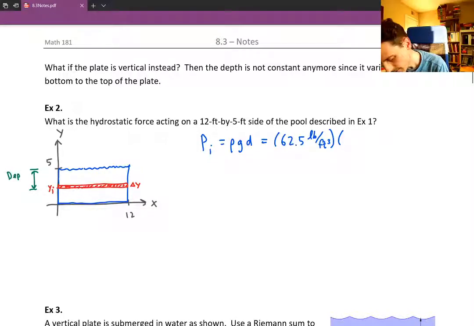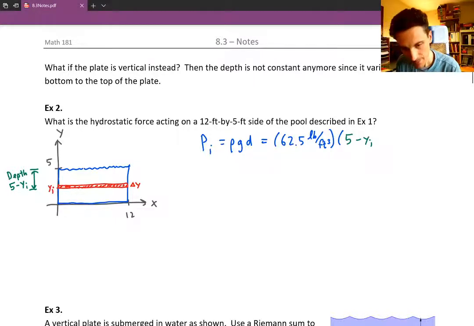To figure that out, we'll take the top y value, which is 5, that's where the top of the water is, minus the y value where the strip is, which is y sub i. So we write 5 minus y sub i, and this is in feet. I'll just write feet off to the side so we don't think it's part of the algebra.